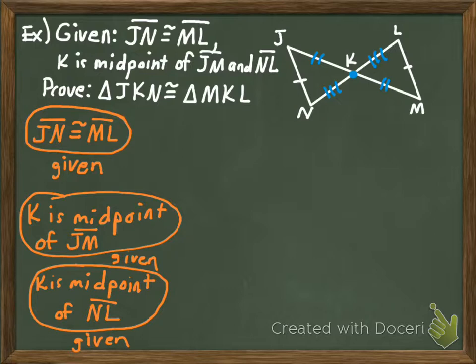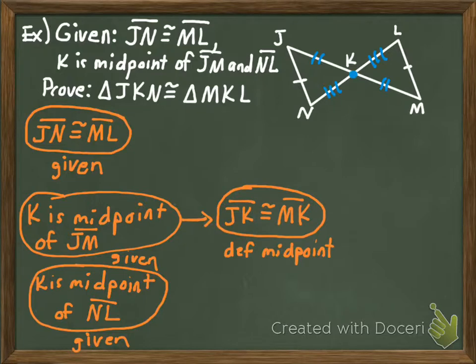Alright, now we don't need to use the fact that segment JN is congruent to segment ML quite yet. That'll come at the end of the proof. But one inference that we made is that since K is the midpoint of segment JM, segment JK is congruent to segment MK. And I'm going to go ahead and write that now. And that would be based on the definition of a midpoint: it divides a segment into two congruent segments.